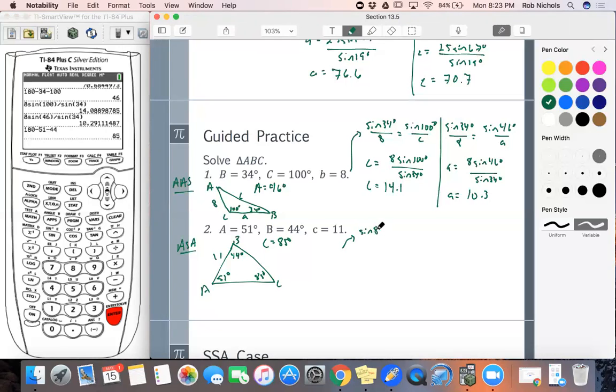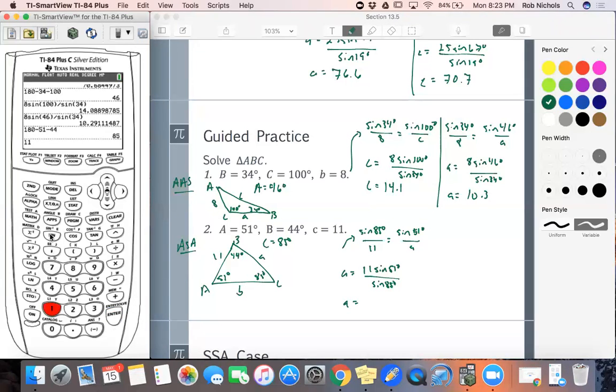So the sine of 85 degrees over side C, 11, is equal to, let's do A first, the sine of 51 degrees over A. Skipping a step again, A equals 11 times the sine of 51 degrees over the sine of 85 degrees. So A equals, let's type it in, 11 times the sine of 51 divided by the sine of 85. And I get 8.6.